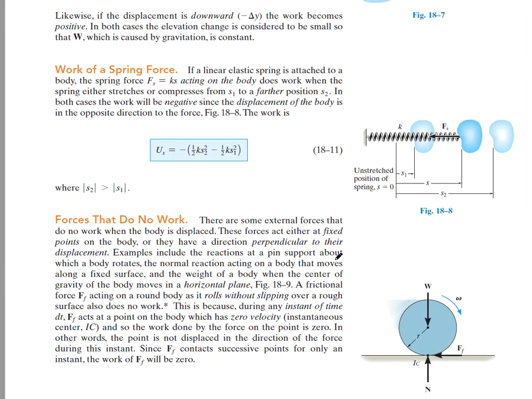The next section talks about forces that do not generate work. Firstly, internal forces don't do work. If you have reactions at a joint, there's always going to be an equal and opposing force, action and reaction.